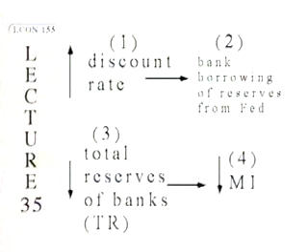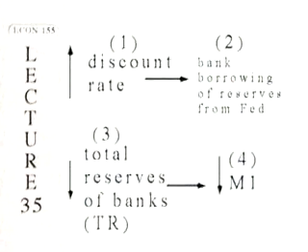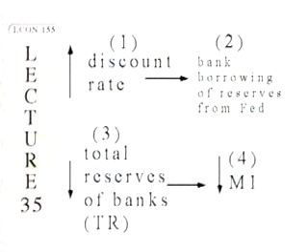I used those letters before, TR, total reserves. That goes down. Banks are not borrowing as much from the Fed, not getting as many reserves from the Fed. And with total reserves going down, that means there's a decrease in the money supply, M1, by a multiple of the reduction in reserves.